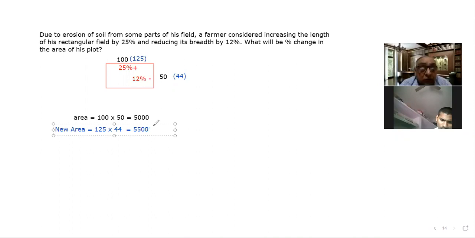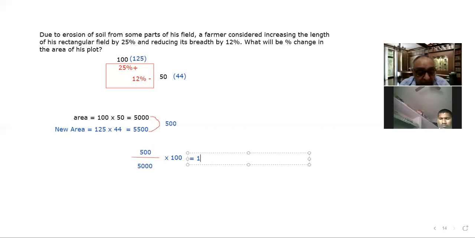Now the important point is, what is the increase? It means a 500 increase after 5,000. So change divided by the initial value, the initial value is 5,000, multiplied by 100, becomes equal to 10%.